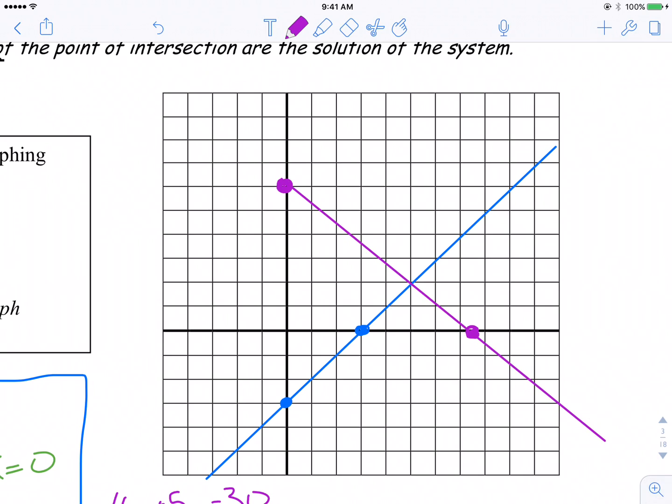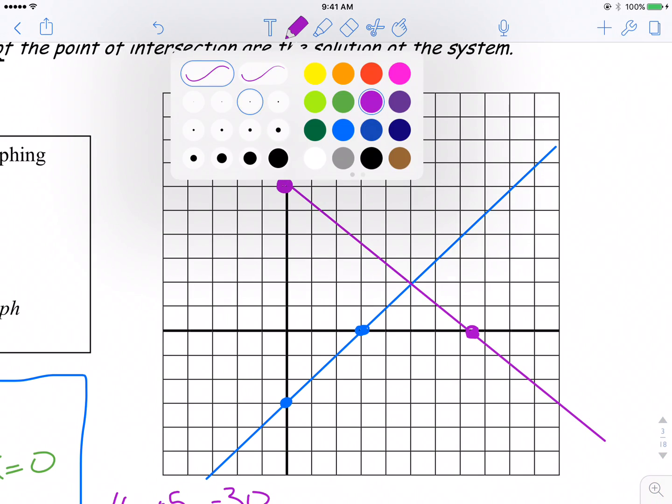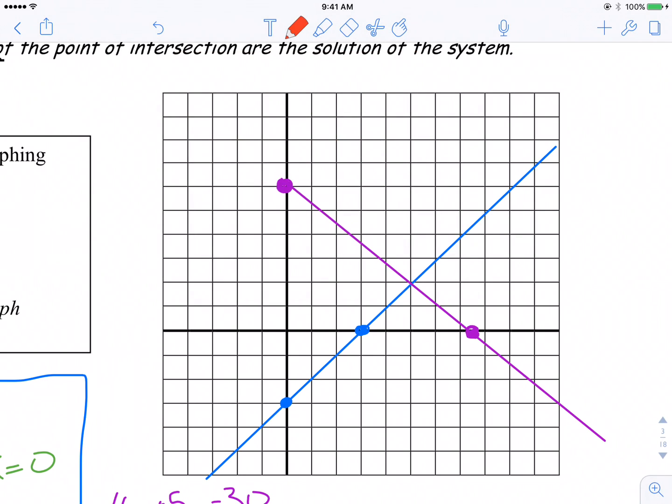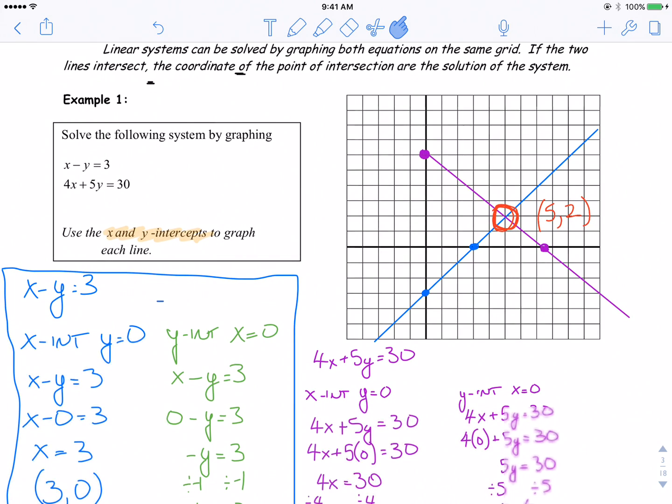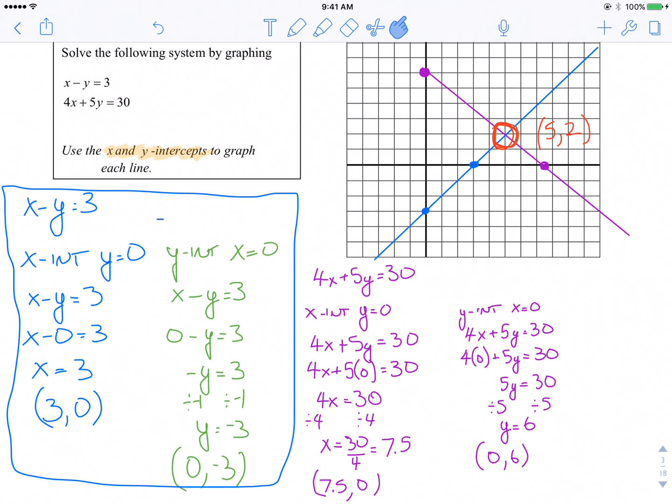And this point right here, where those two lines crisscross, is considered the solution to our system. What are the coordinate values of that point? 5, 2. We've graphed both lines on the same grid and found where they crisscross. The point of intersection is the solution. The solution is 5, 2.